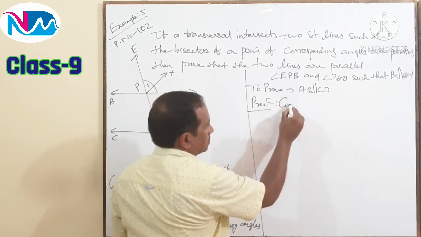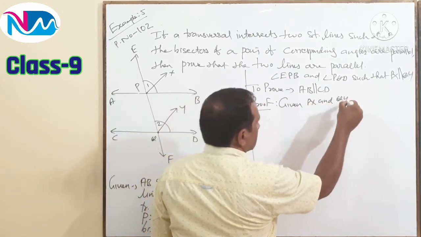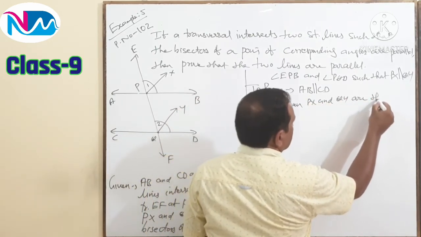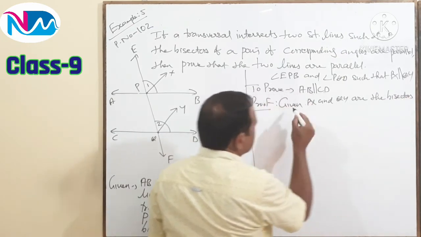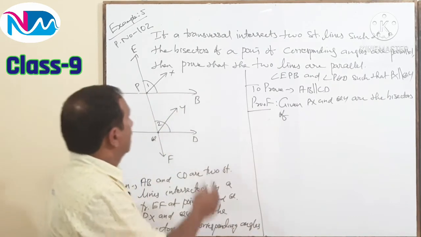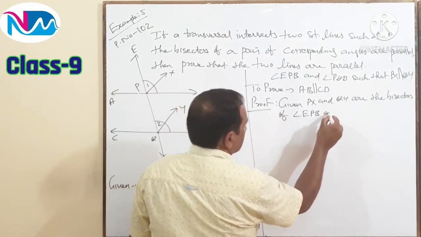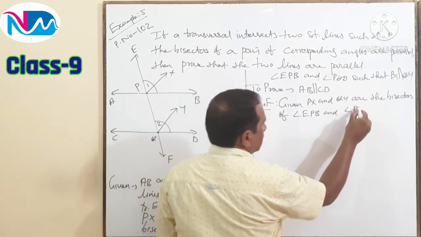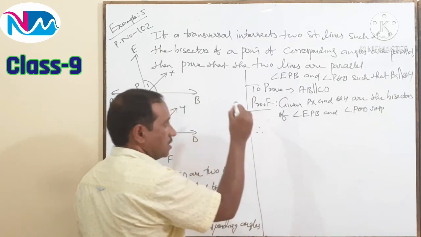Given: PX and QY are the bisectors of angle EPB and angle PQB respectively.